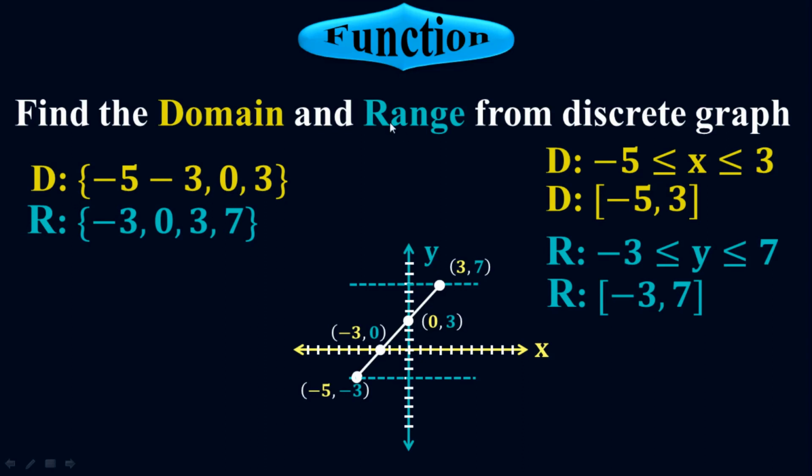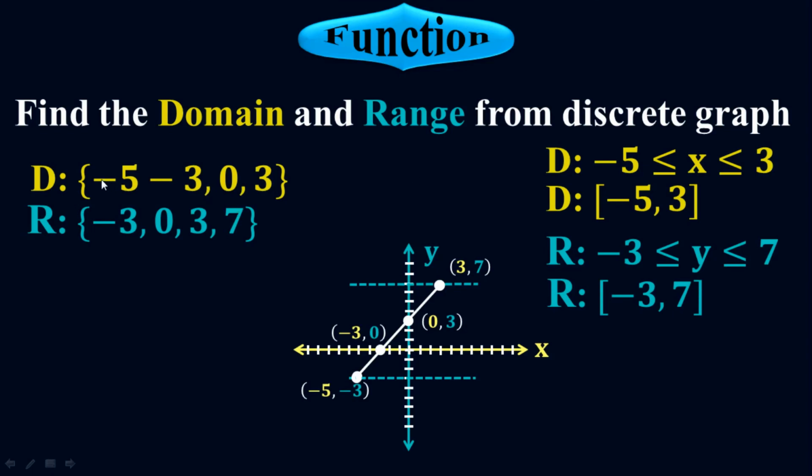If you look at the domain from the discrete graph and the domain from the continuous graph, they are exactly one thing, but the method is a bit different. Because look here: the continuous says that the domain is between negative 5 and 3, including 3 and negative 5. The same thing is here.